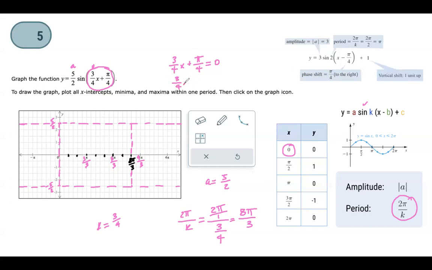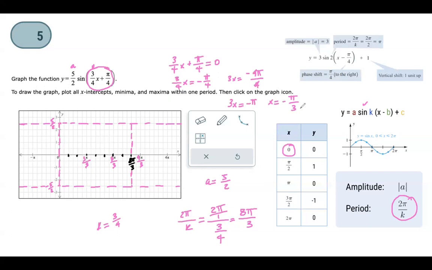So that's 3/4 of x is equal to minus pi over 4. So we already know that this is going to end up moving to the left. Now, if you're dividing by 4, you're going to end up multiplying by 4. So that's 3x is equal to minus 4 pi over 4. You're going to cancel out the 4th. And this is going to end up as 3x equals minus pi. And then just solve for x, ending up as minus pi over 3.